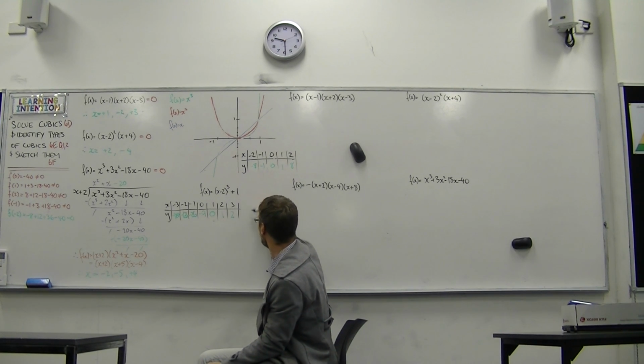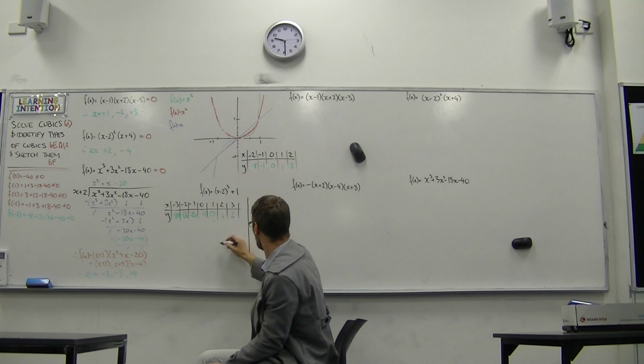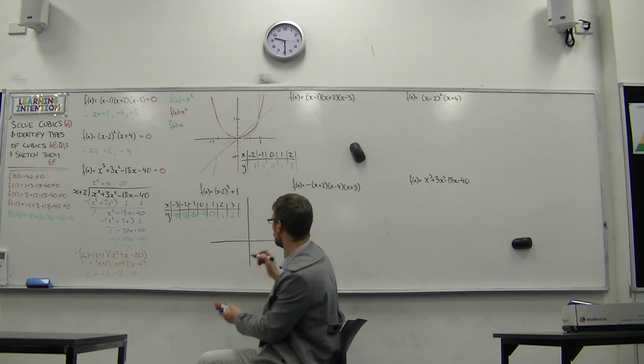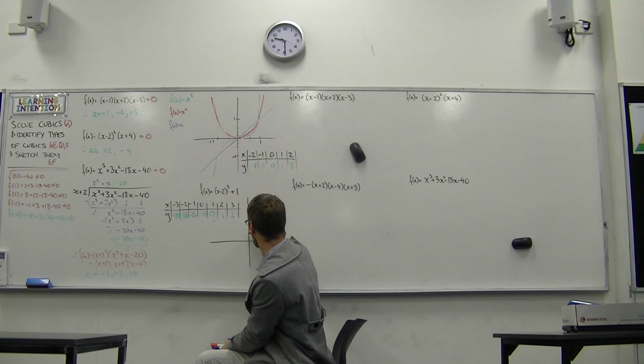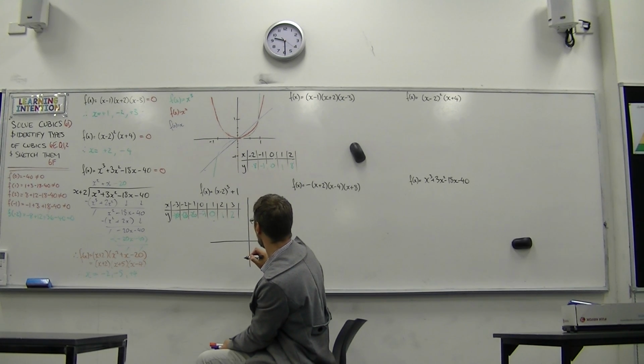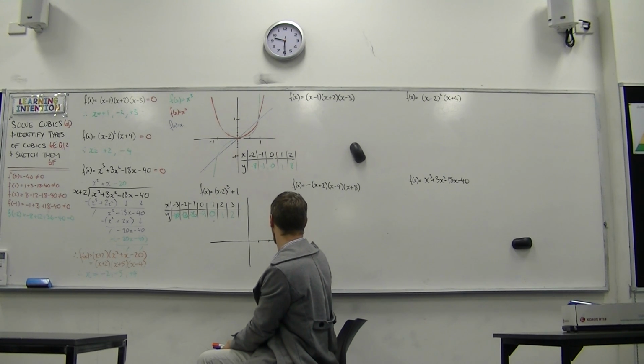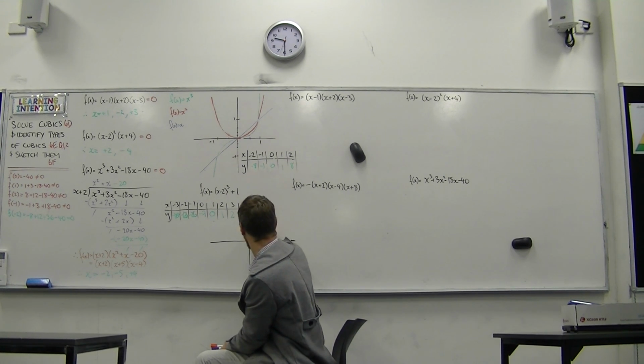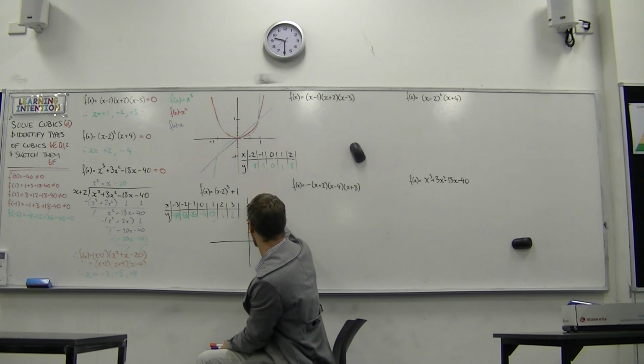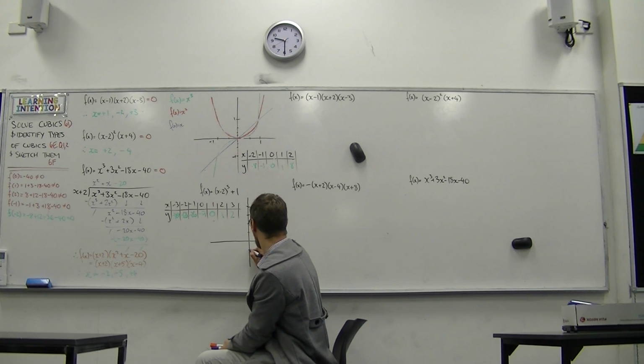Which way have we got? This way, this way? Yeah. 2. Seven's down there somewhere.